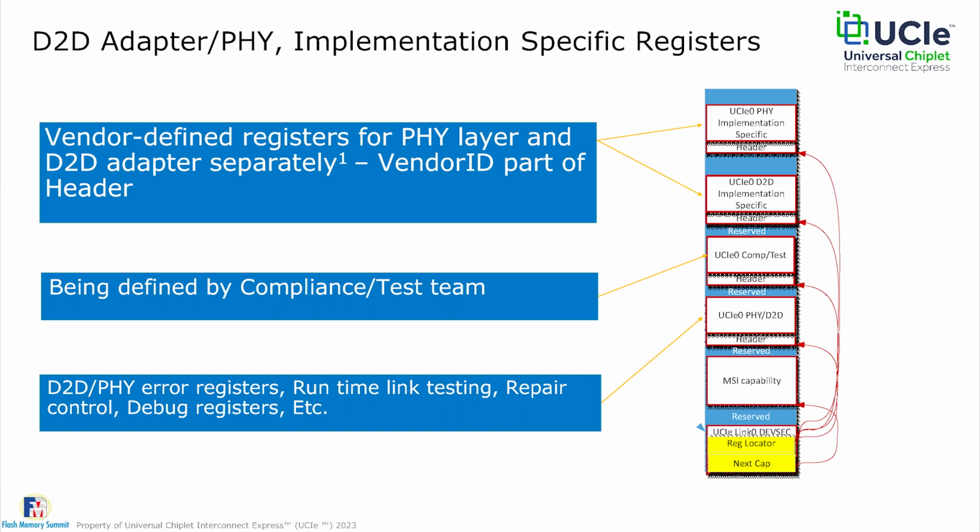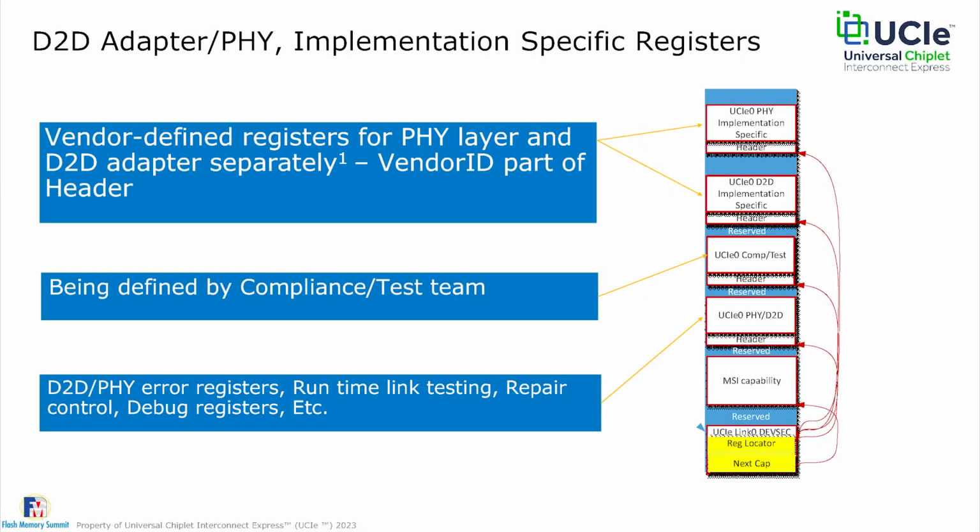The one thing to note here is that the PHY and the die-to-die are combined in the standard space. And then there's an extended space where implementation specific details are being provided. Now there's a specific ask when people buy IPs, right?